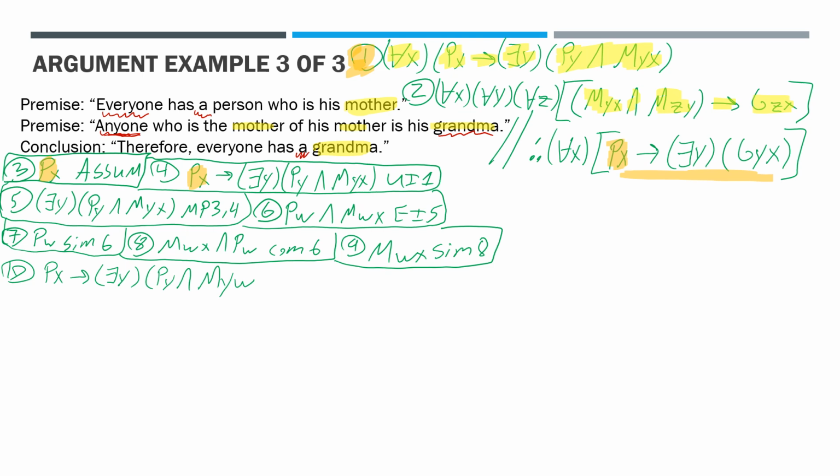And we'll have to substitute w for x. And then we can do that modus ponens inference again with that assumption from line 3. So for 11, we can get there exists some y such that py and myw, modus ponens 3, 10.